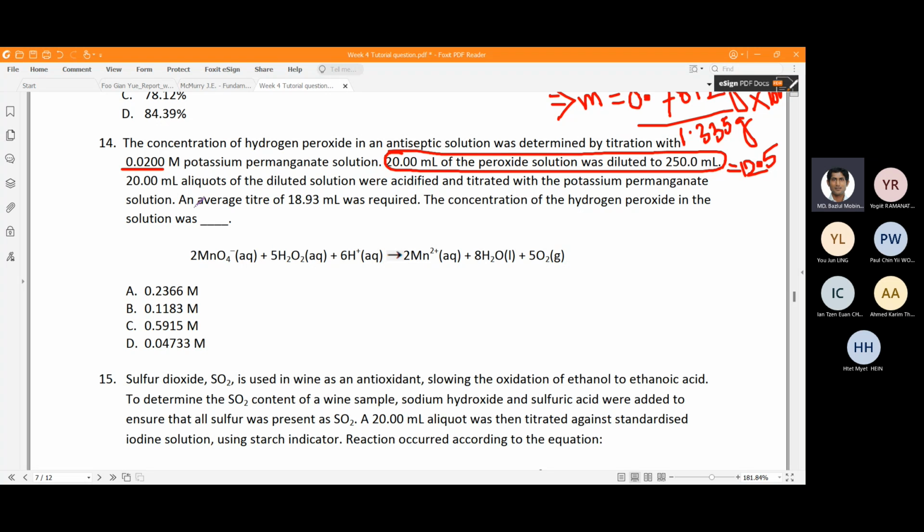And then from there, 20 milliliter aliquots were taken of the diluted solution, acidified and titrated against the potassium permanganate solution. An average titer of 18.93 milliliter was required for this titration. This average titer, 18.93 milliliter, is what?